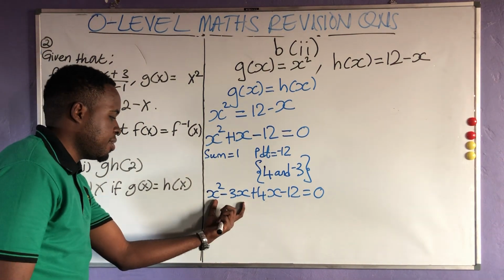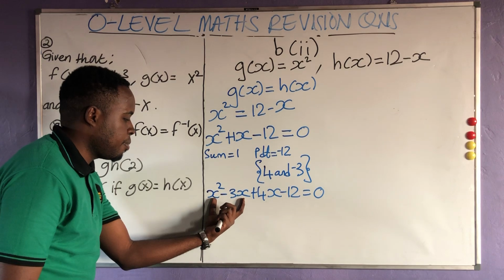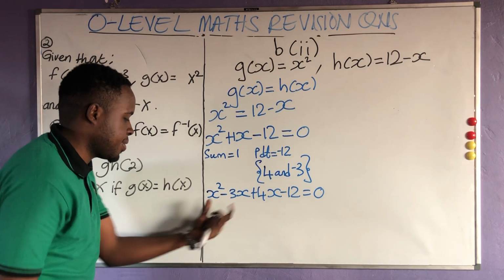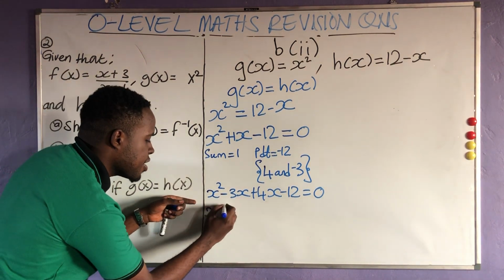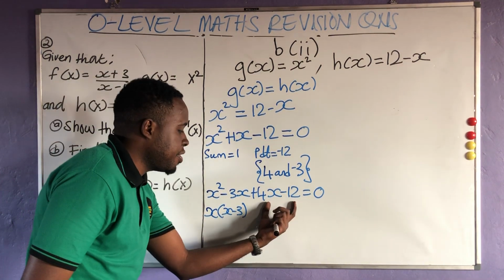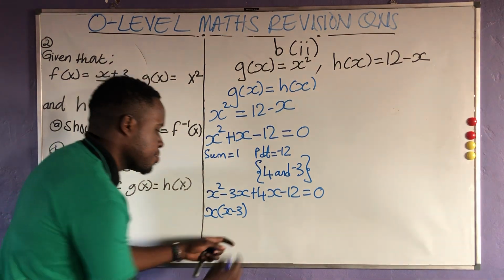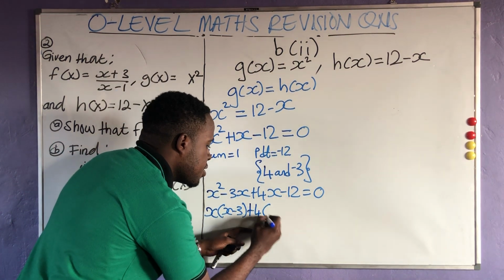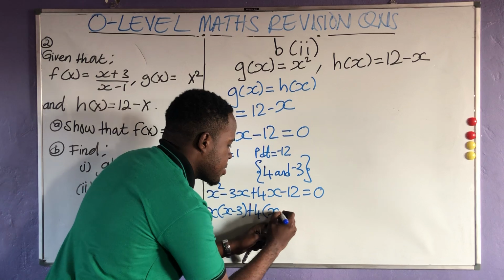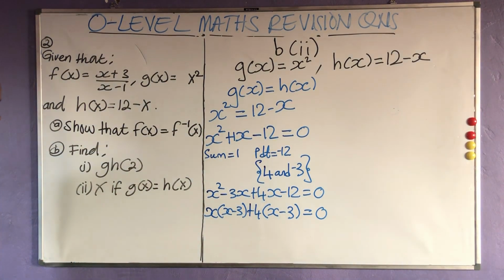We shall handle this separately and even handle this separately. Here we shall pull out the common factor, which is x, such that we shall be having x into x minus 3. And even here we shall pull out the common factor, which is a 4. So we shall have a plus 4 into x minus 3 being equivalent to 0.